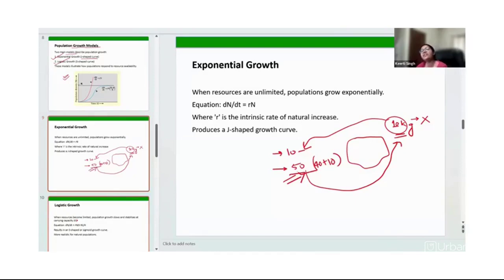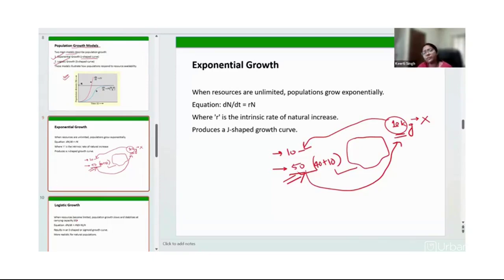Of course, some may die of hunger, right? Only those will survive who overcome this situation. So in any population, there will always be a limitation of resources, right? And the growth of the population will depend upon the resources that are available to them.